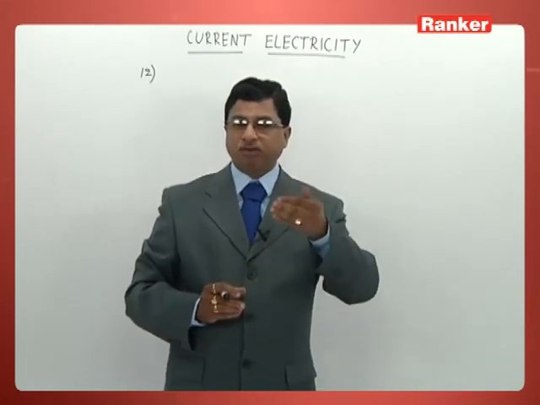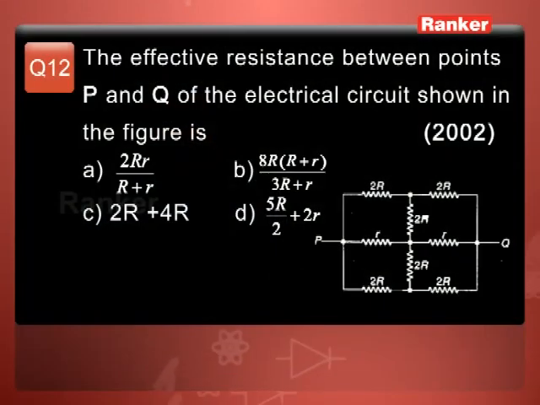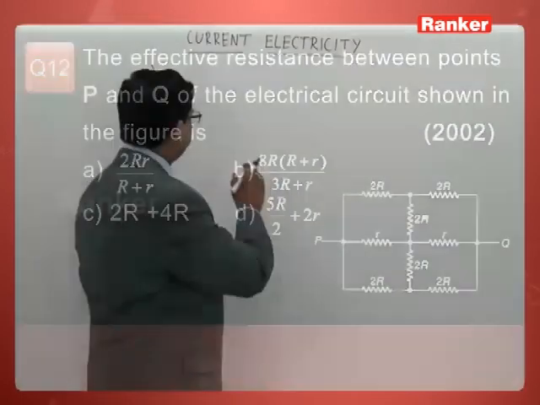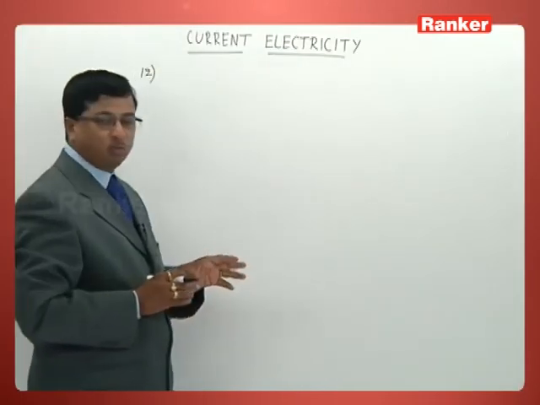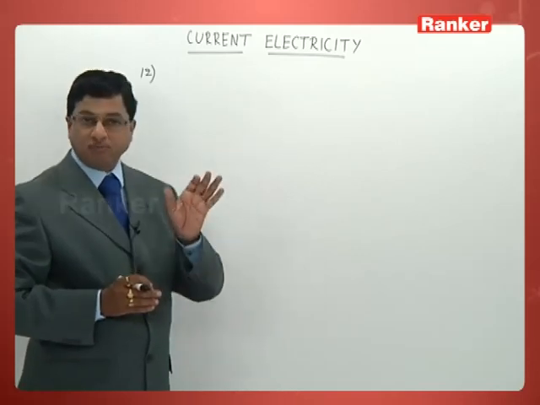So let me first of all complete the reading part of the question. Find the effective resistance between the points P and Q of the electrical circuit shown in the figure. What is the circuit given? You see first, he has just given you three separate branches. What are the values given?